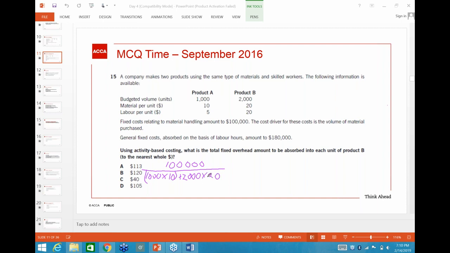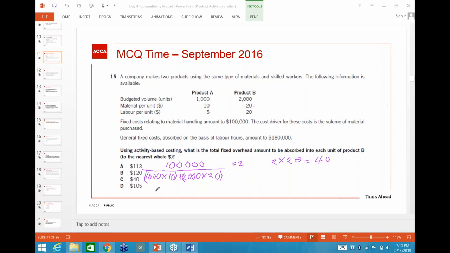So when I do this 100,000, I get $2 there. So this is OAR per driver. So OAR per product. So if I'm looking at product B, that's 2 into 20. OAR per product is 40 then.